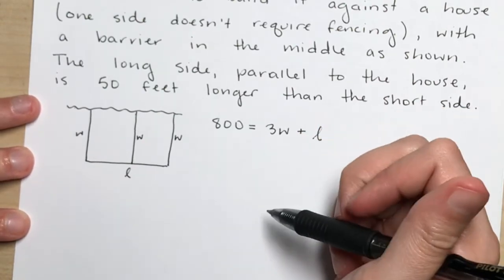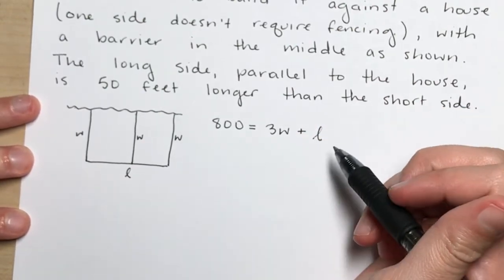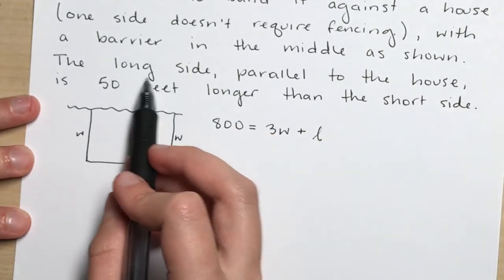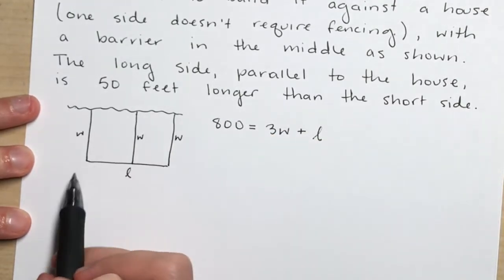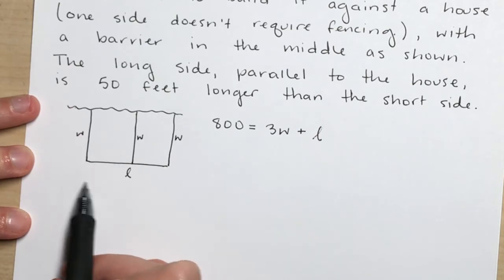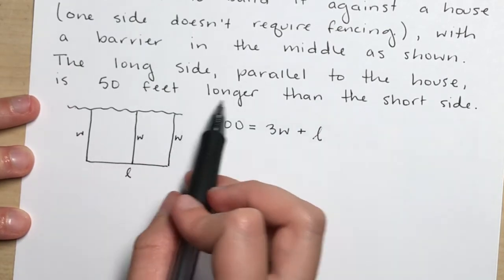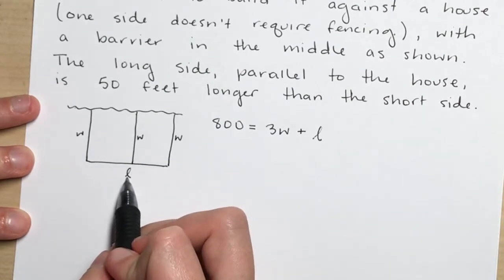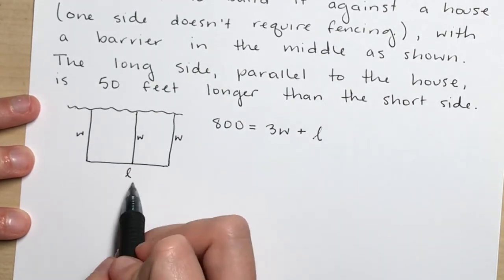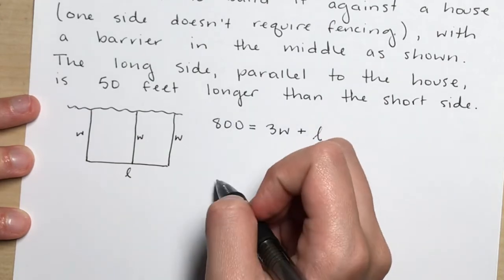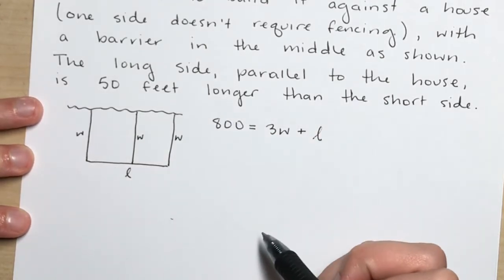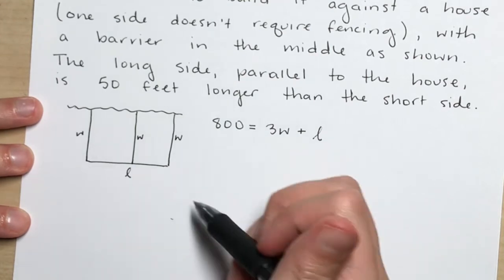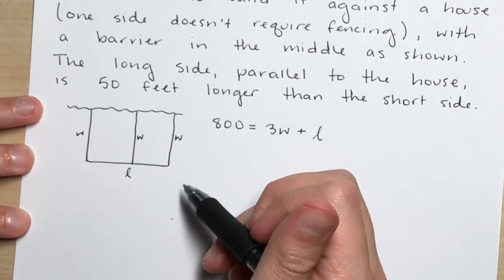What else do we know? Well, the next thing we know is that the long side, so this side, parallel to the house, is 50 feet longer than the short side. So L is longer than W. How can we write this? Is this L plus 50 equals W? Well, again, just like last time, let's think about which one's bigger.